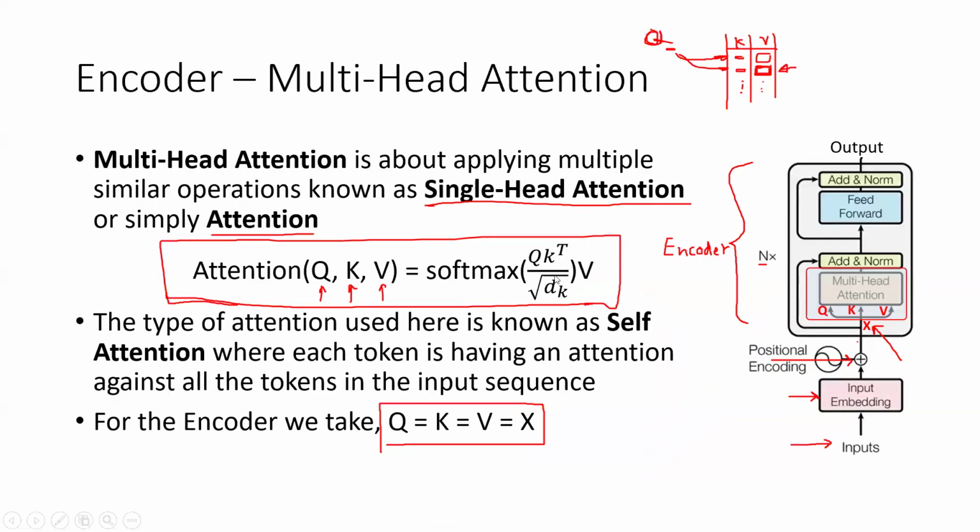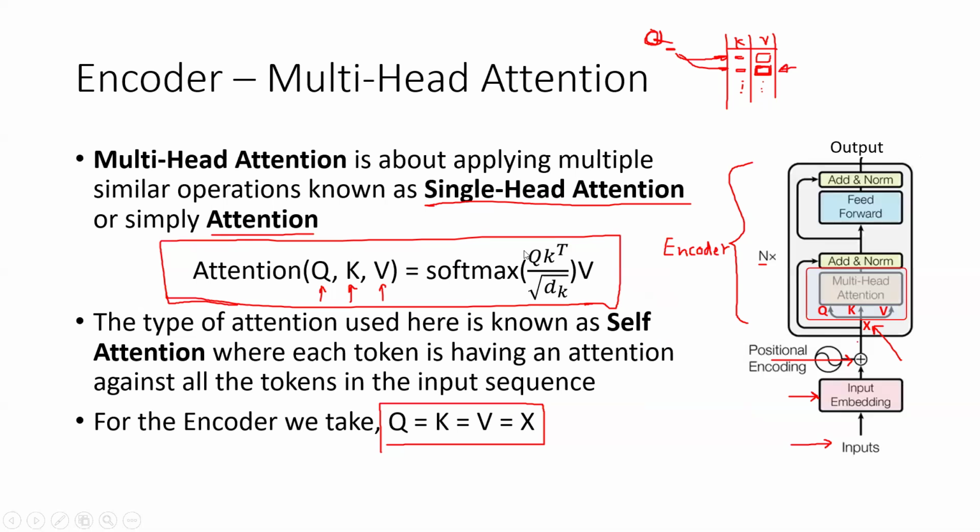Then we have to normalize this value by dividing by the dimensionality of K. Q and K have the same cardinality, that means both of them have the same number of dimensions.